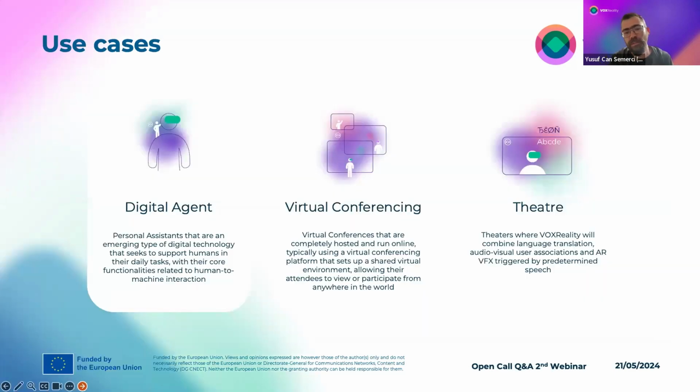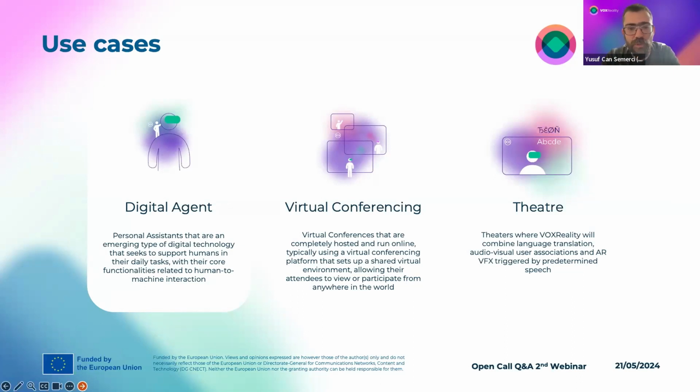So we have three use cases: digital agents, virtual conferencing, and augmented theater. In the first one, we have a personal assistant that is teaching trainees how to assemble a machine, using our models to talk with the trainees.